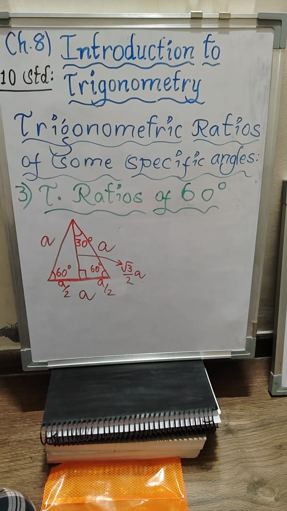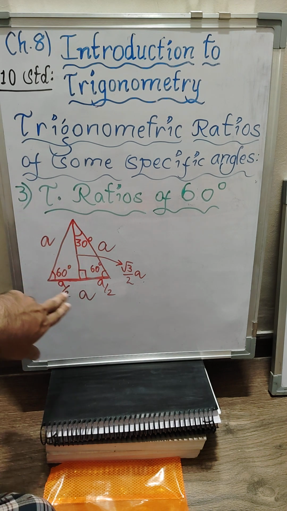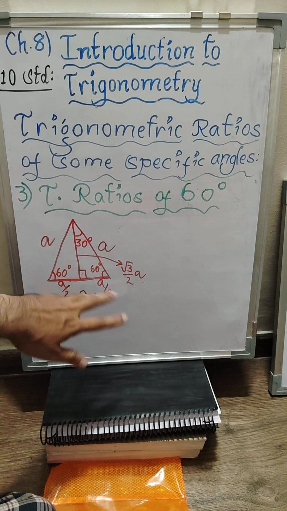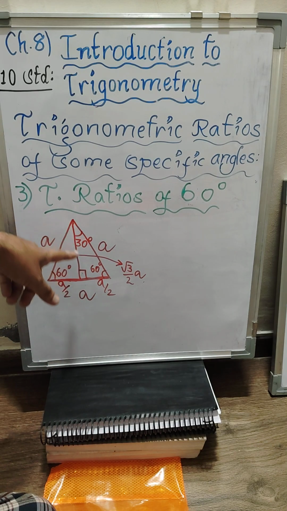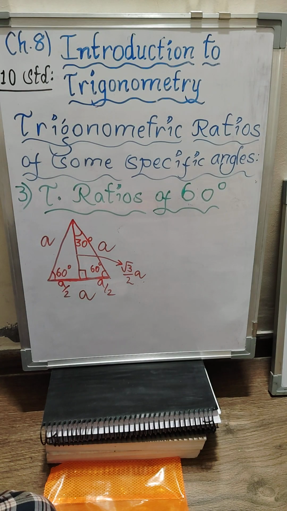Next, we shall find the trigonometric ratios of 60 degrees. We have taken one equilateral triangle as earlier. Each of its equal sides will be a units, and the perpendicular we have taken. Here the base gets divided into two equal parts, a by 2 and a by 2, and this altitude length will be root 3 by 2 a as it is an equilateral triangle.